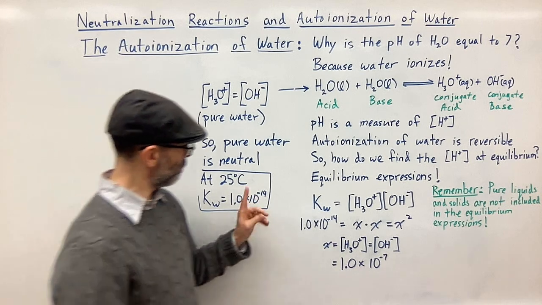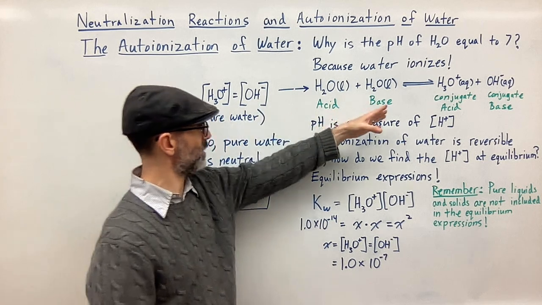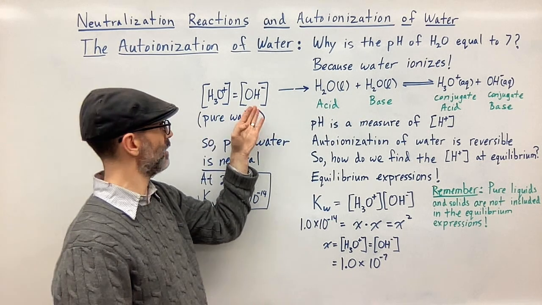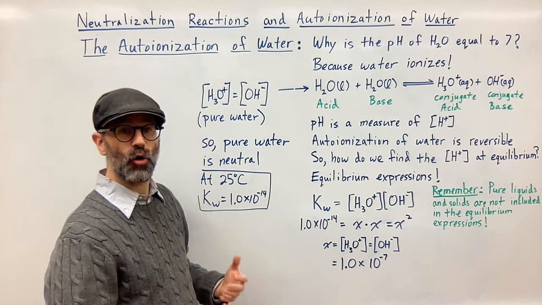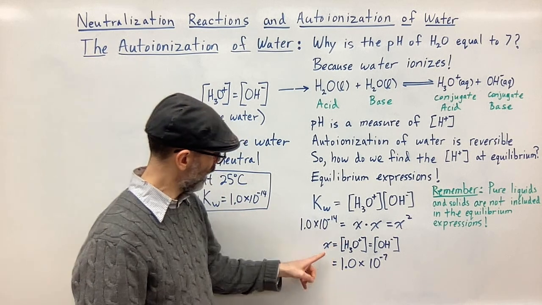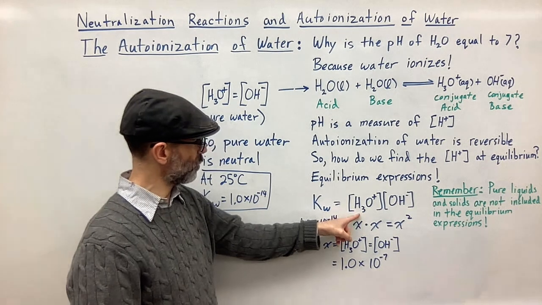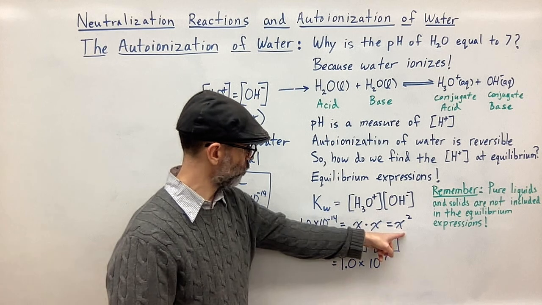Now, we plug this in. We know from the autoionization of water that both the hydronium ion and the hydroxide ion are always equal. So we could call them X. So if we plug in X here, X for H3O plus, X for OH minus, X times X is X squared.